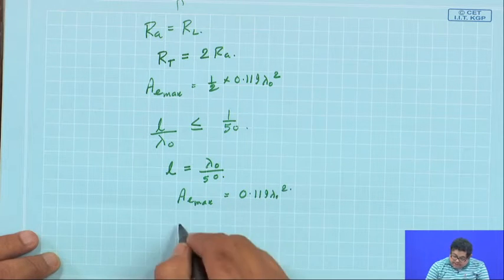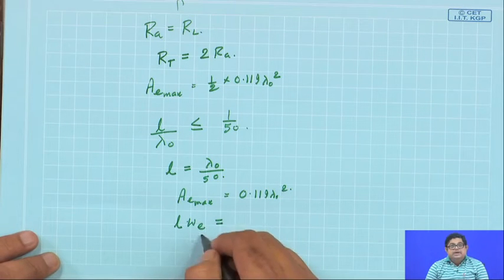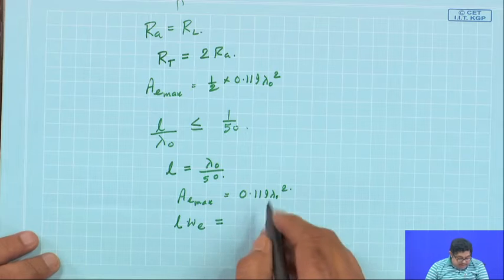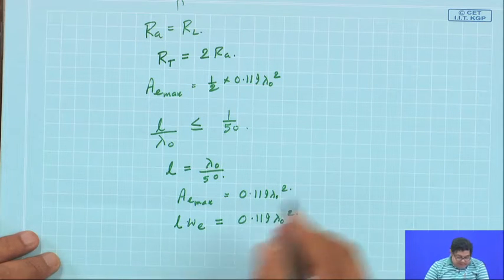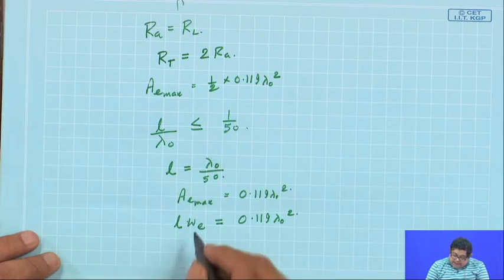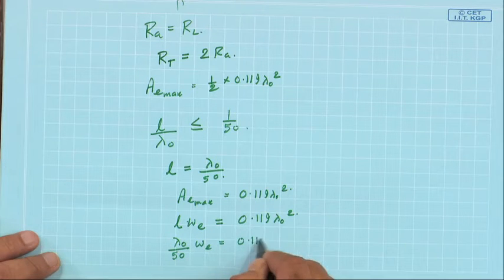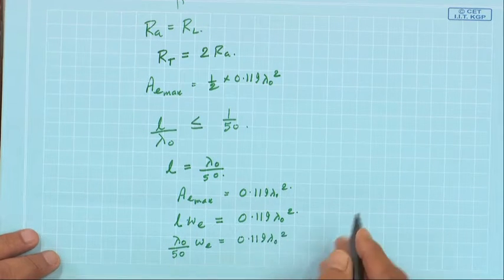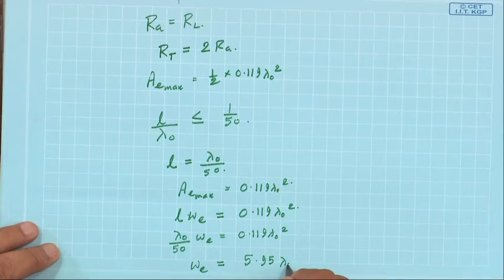Now, what is Ae max? Length into effective width W e, that is 0.119 lambda naught square. Now, length I have assumed lambda naught by 50, into W e is 0.119 lambda naught square. So, if you do that, what is the value of effective width? It is 5.95 lambda naught.